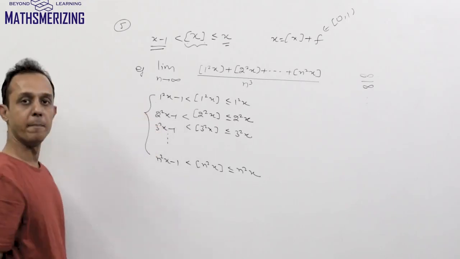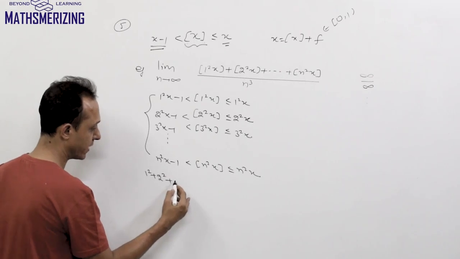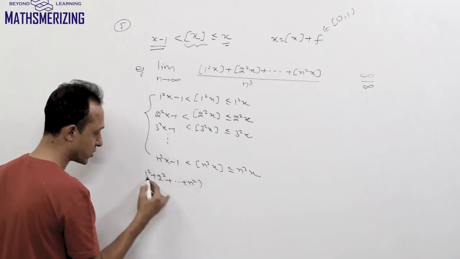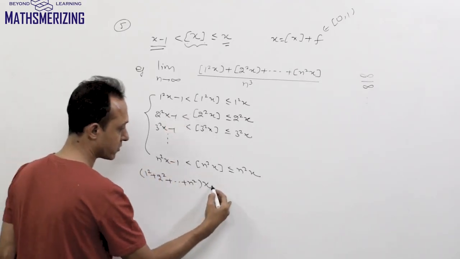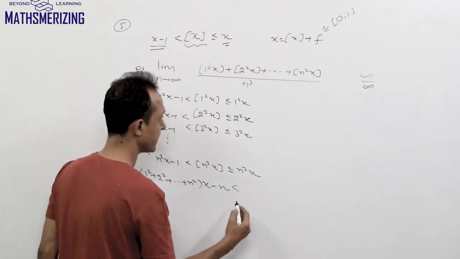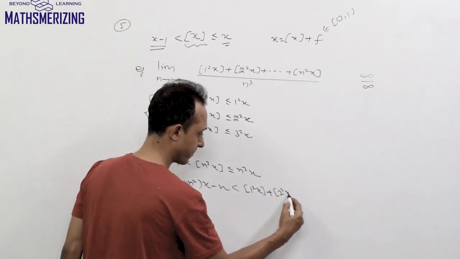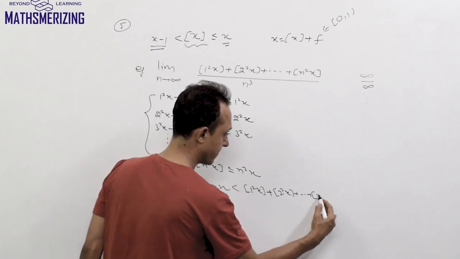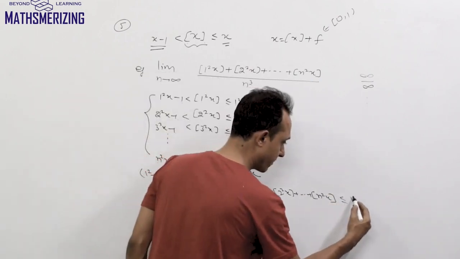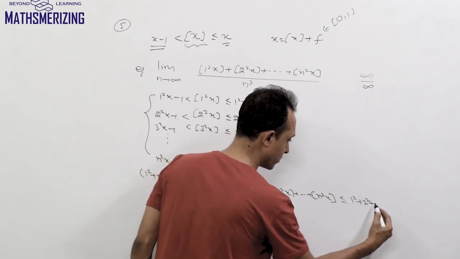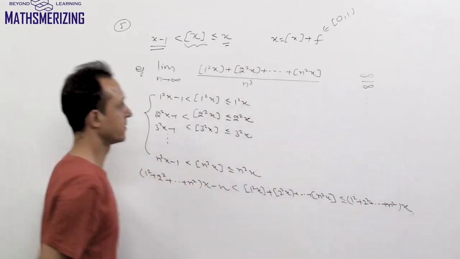If I add them all up, I can write it as 1 square plus 2 square up to n square into x, and then minus 1 minus 1 minus 1, n times, so there will be minus n, and this is less than the greatest integer function of 1 square x plus greatest integer function of 2 square x up to greatest integer function of n square x, and it will be less than or equal to 1 square plus 2 square up to n square into x.